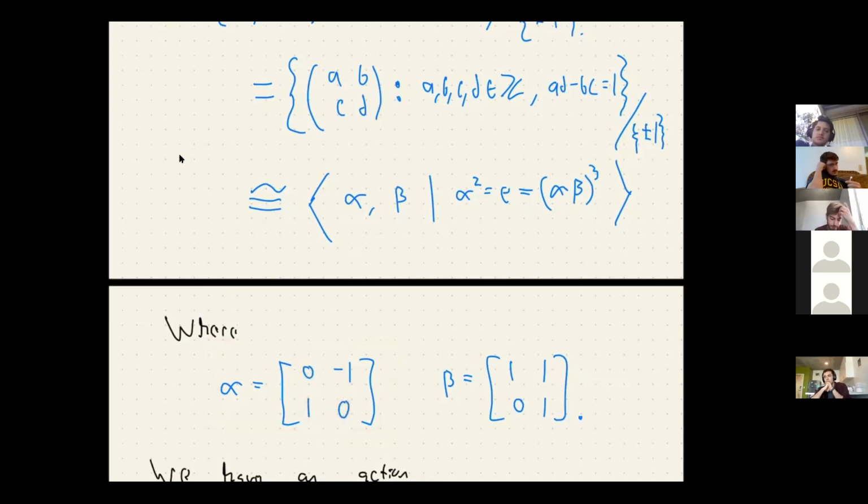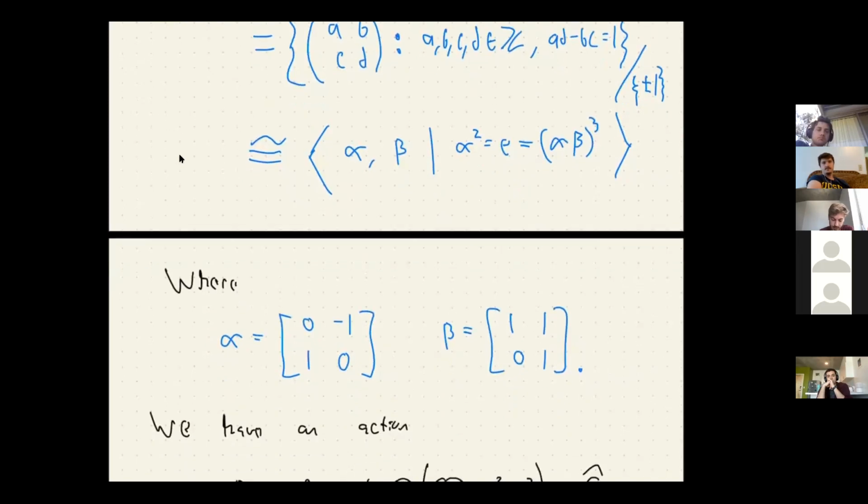And I can see that if I square it, I end up with -1 right here, and 0's in the other place. But we're modding out by +/-1, so that's the identity. And then beta is this matrix right here. It's 1, 1, 0, 1.